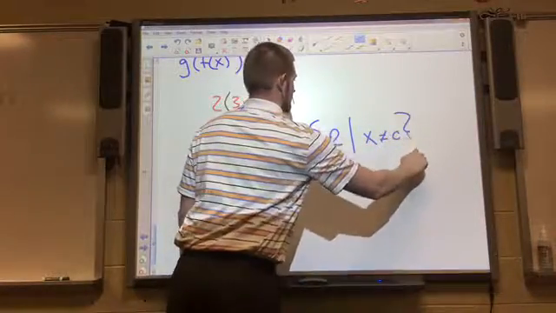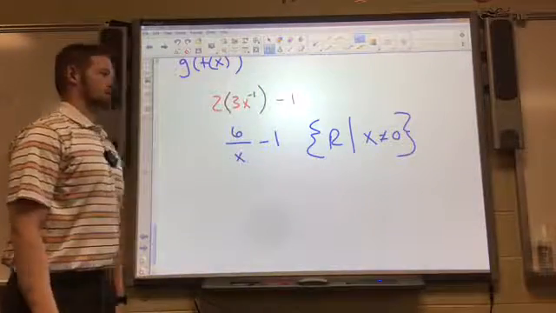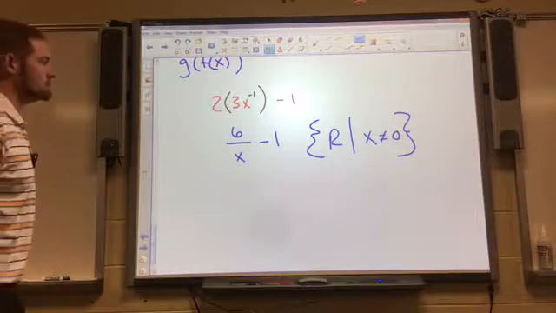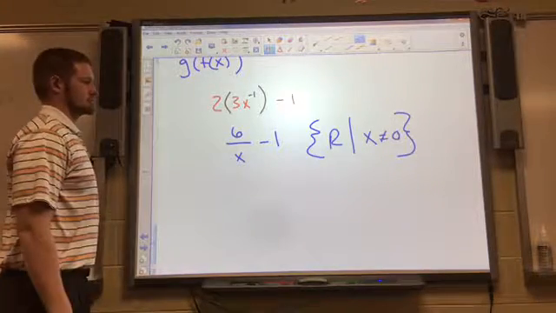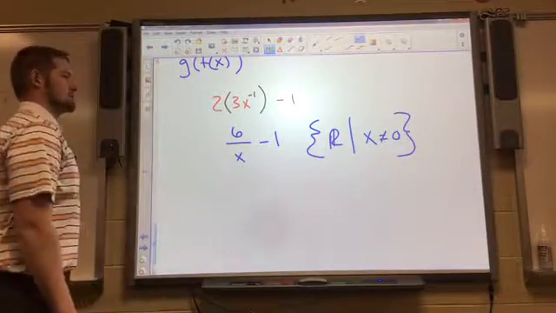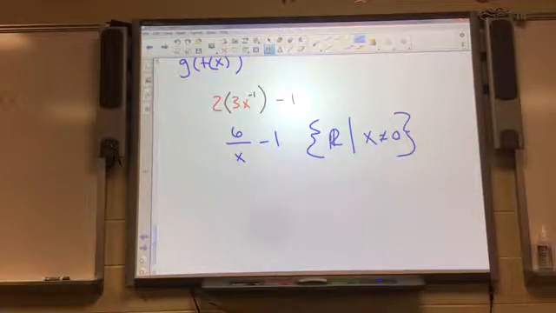Struggling with my symbols. There we go. Real numbers such that x does not equal 0. Sometimes you see your real numbers written like that as well.